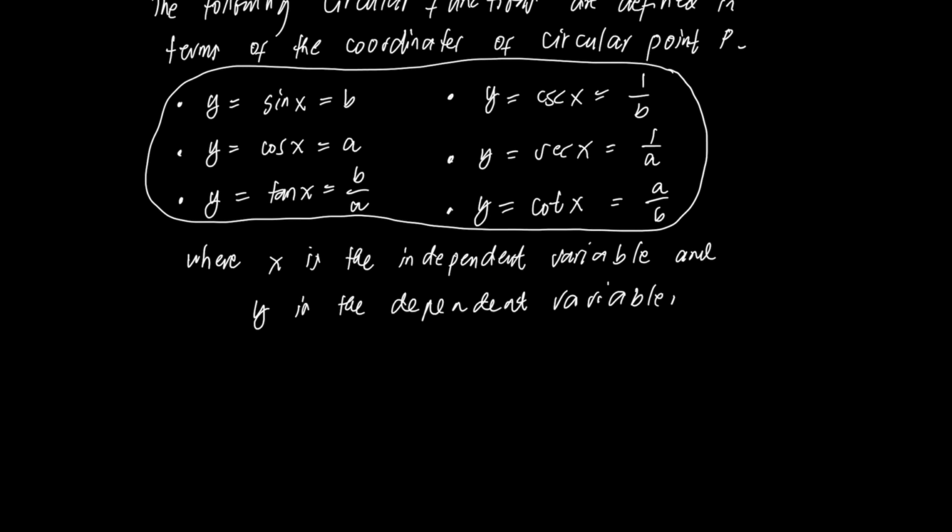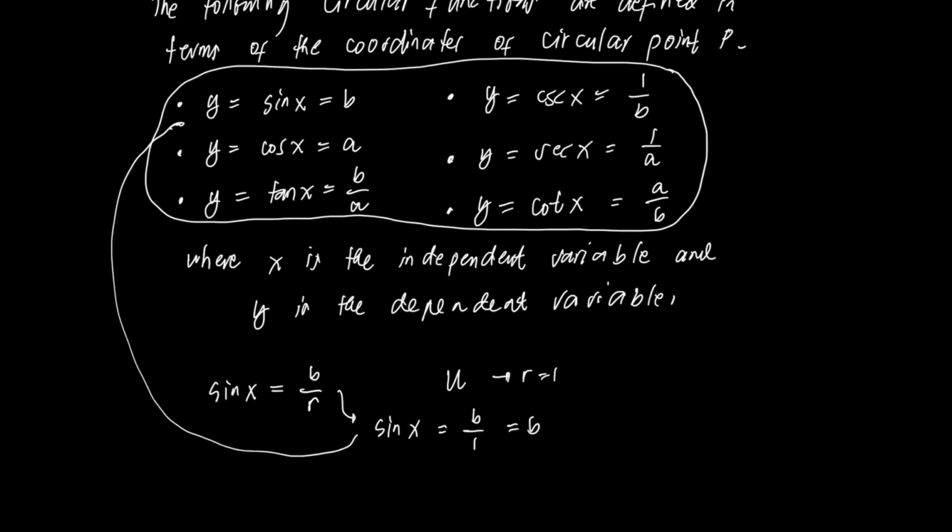Note that in the trig functions, our sine x is equal to b over r. And since in the unit circle, r equals 1, if we relate this to the unit circle, sine x is equal to b over 1, which is b. So this is now what we have defined here.